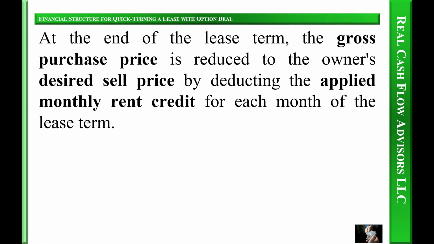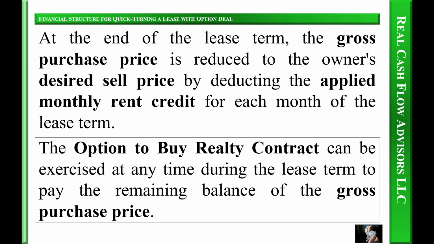At the end of the lease term, the gross purchase price is reduced to the owner's desired sell price by deducting the applied monthly rent credit for each month of the lease term. The option to buy realty contract can be exercised at any time during the lease term to pay the remaining balance of the gross purchase price.